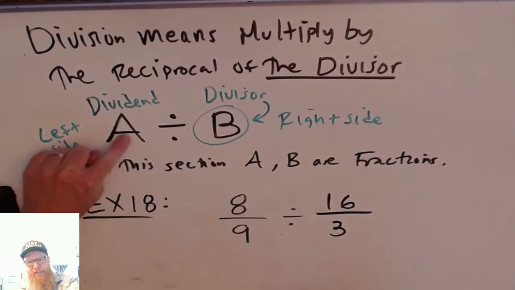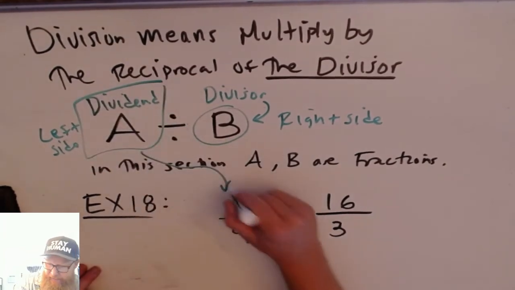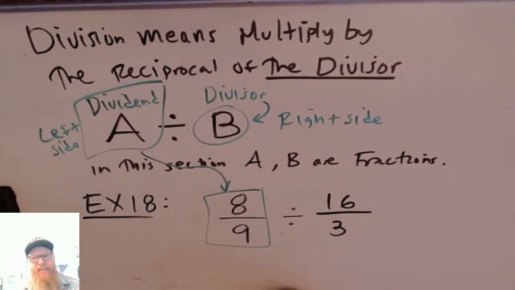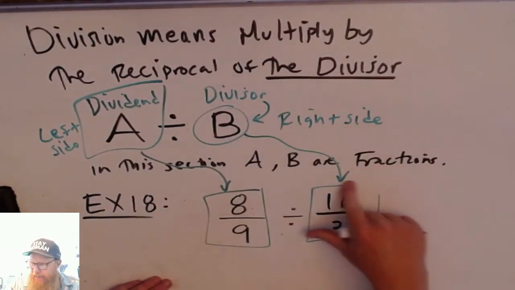All right, so this is A, that's the dividend. This is B, the divisor.